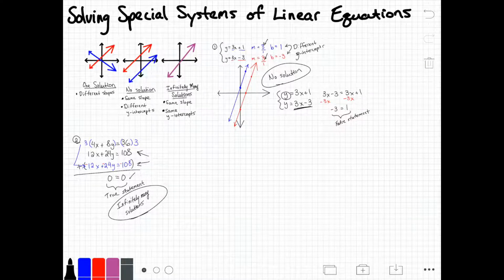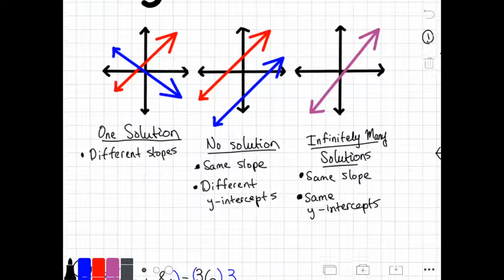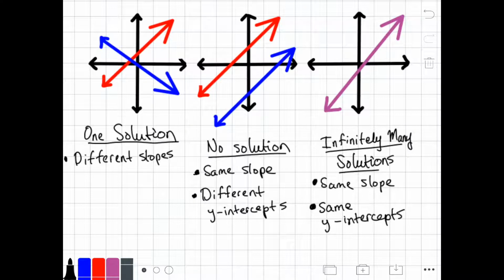So just to recap here, looking at graphs, if they intersect, they have one solution. Parallel lines have no solution. Lines that coincide with each other have infinitely many solutions. Equations with different slopes have one solution. Equations with the same slope and different y-intercepts have no solution.